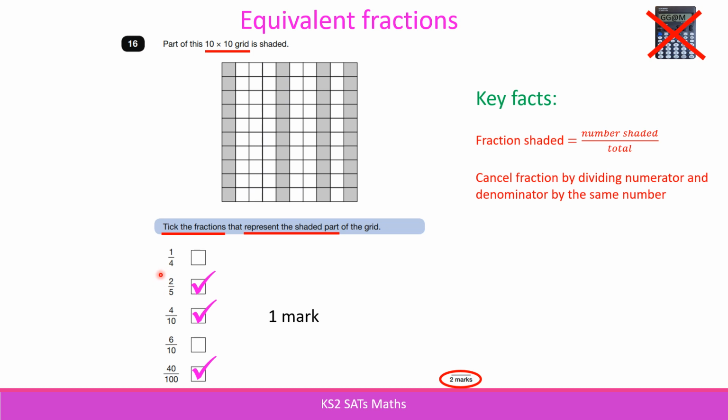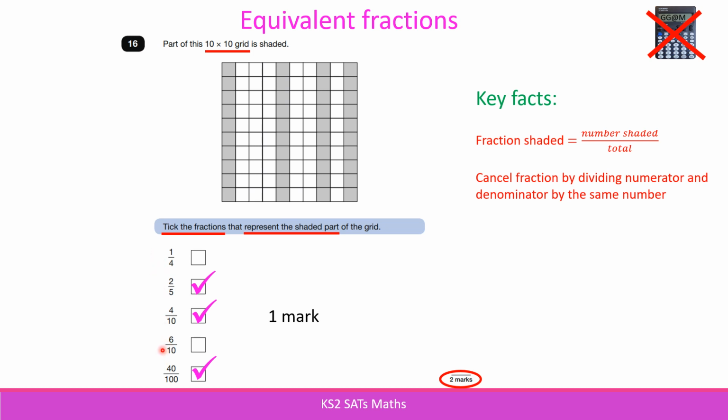Now 2 over 5 cannot cancel down, so you cannot halve 2 to get 1 and halve 5 to get 4. That doesn't work, so you've got to do exactly the same to both, and you can't have a decimal in here, so 2 over 5 is as low as this fraction goes. So 1 over 4 is not the same as 2 over 5.